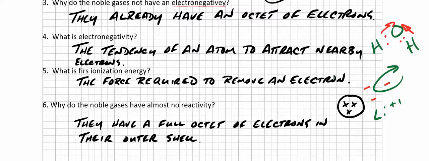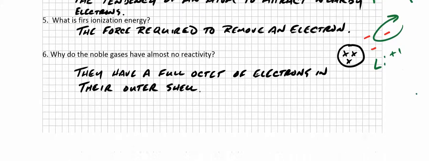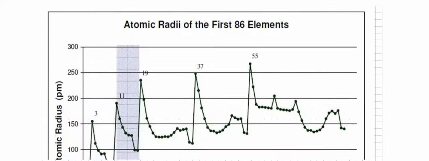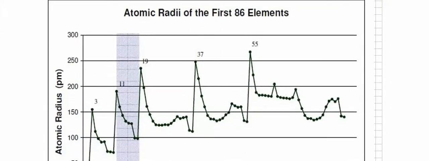All right, so now let's continue. What we want to do now is ask the question, what is happening to atomic radius size as we move from left to right? Well, this is lithium. In this period, as we move from left to right, the atomic radius size decreases. We've seen that. Then it increases again at sodium and decreases again.